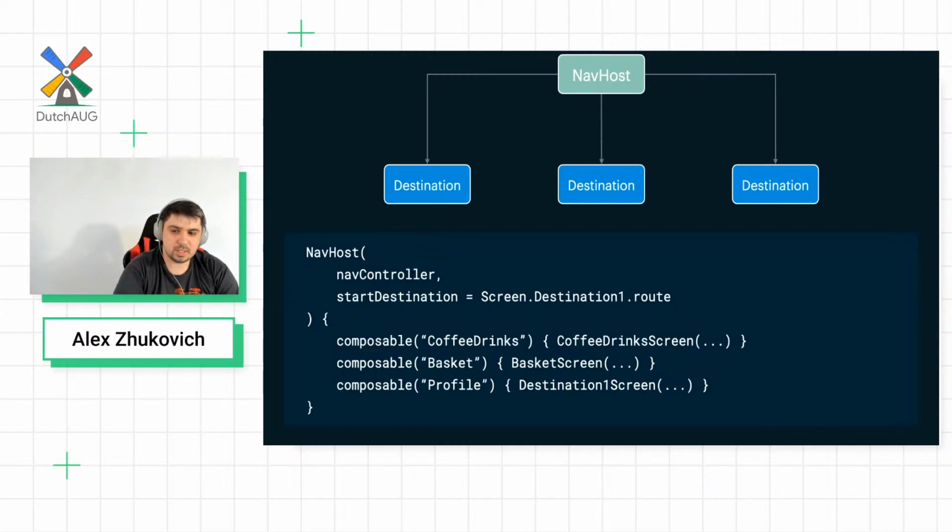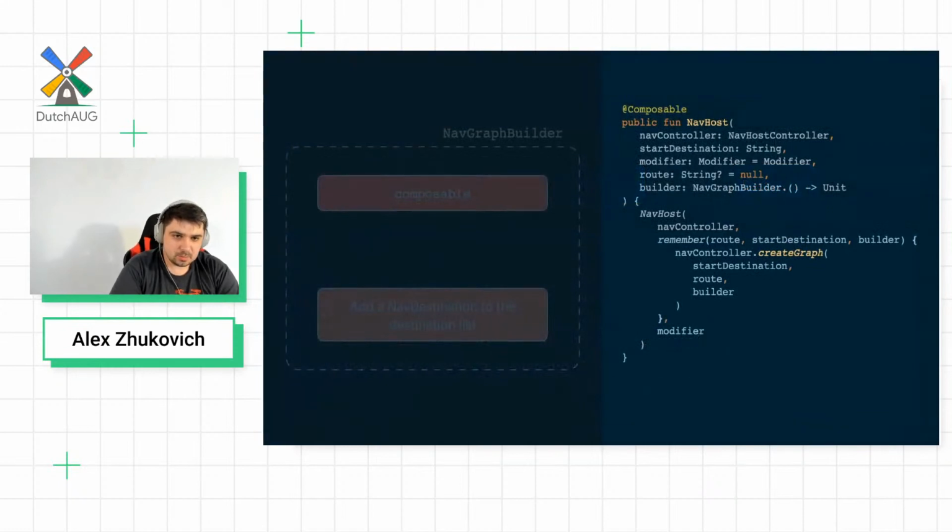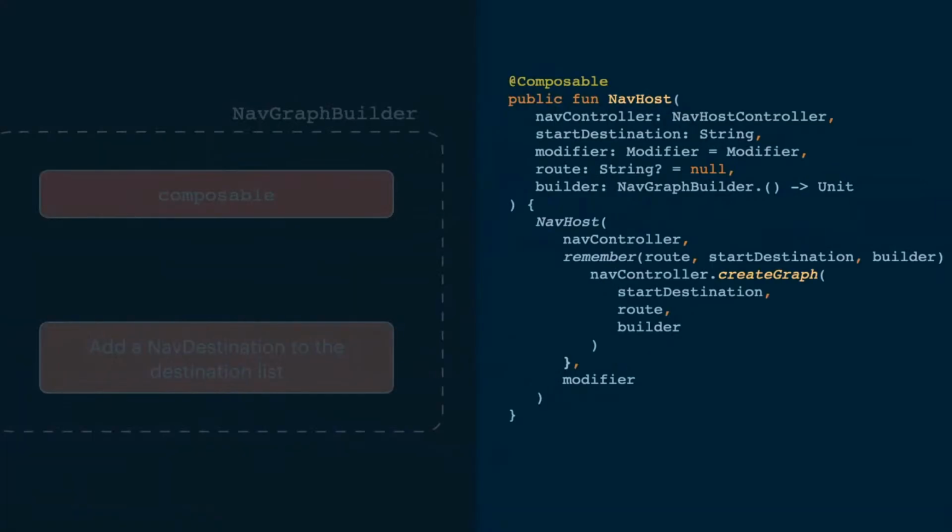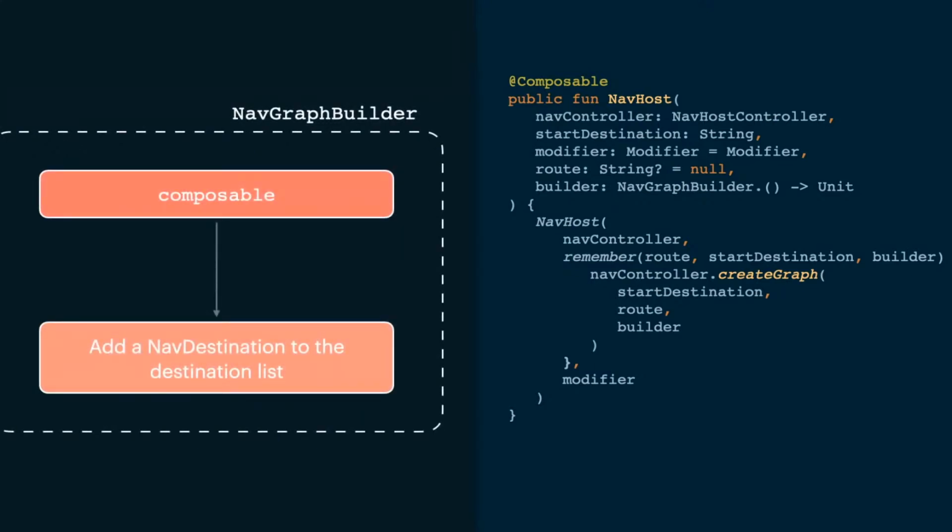So what does this composable function inside NavHost mean? And here I want to speak super briefly about how Jetpack Compose Navigation works inside. If we take a look at the NavHost function, we can see that the last parameter is a navigation graph builder. Speaking about the navigation graph builder, it means that we can use all functions from this builder, and one of such functions is composable.